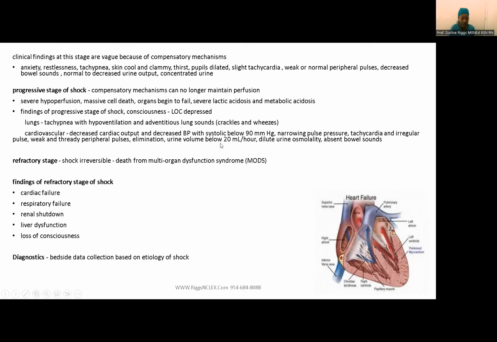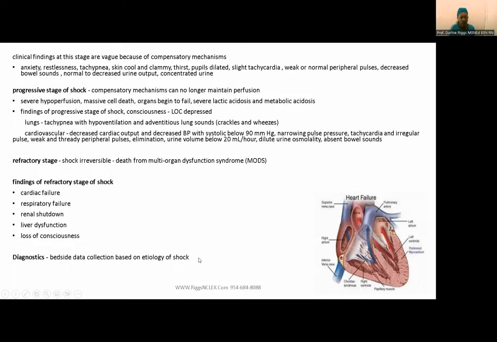You know we need between 30 and 60. And death comes at the end of that if we don't intervene. In the refractory stage, shock is irreversible, with death due to multiple organ dysfunction syndrome. So the heart fails, respiratory, renal, liver, and then of course the client dies.